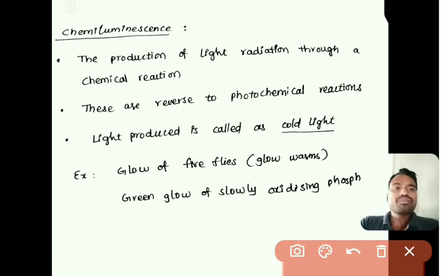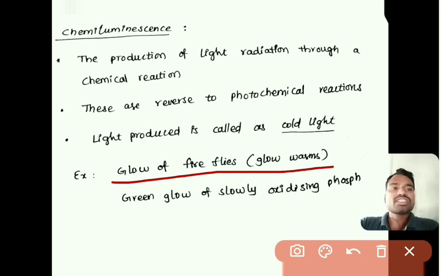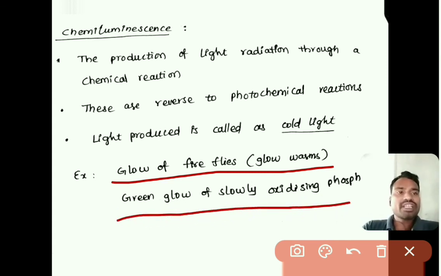For example, the glow of fireflies, that is glowworms, in which some light is evolved because of the luciferin protein. That is one example of chemiluminescence. The second one is the green glow of slowly oxidizing phosphorus, which is also an example of chemiluminescence.